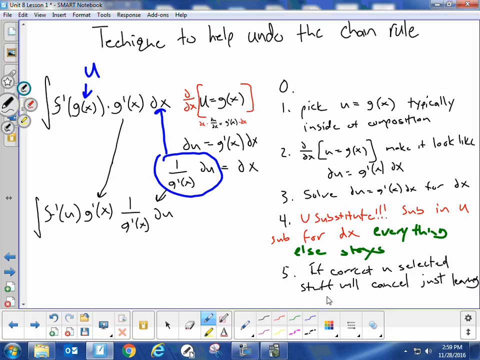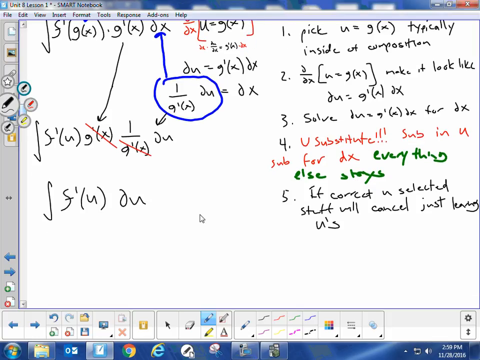So we're just going to leave u's after stuff cancels. Here, what will cancel? The g prime and this g prime will cancel, leaving me with just the antiderivative of f prime of u du. All of a sudden, I have just u's. Okay?